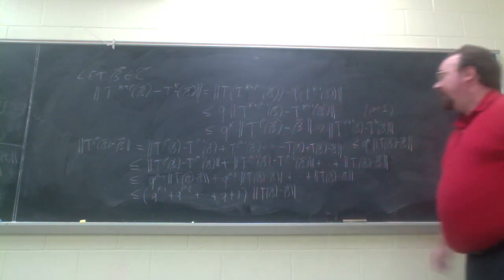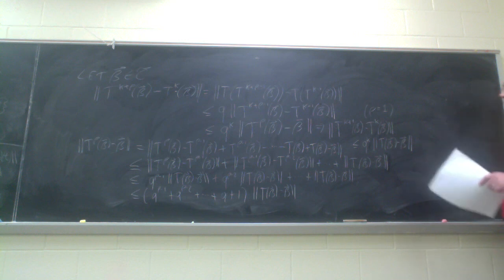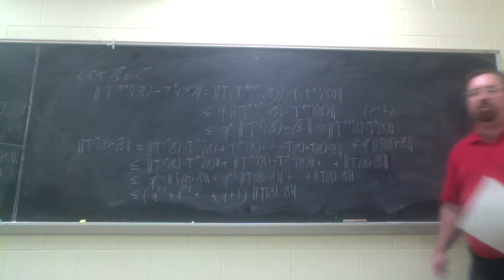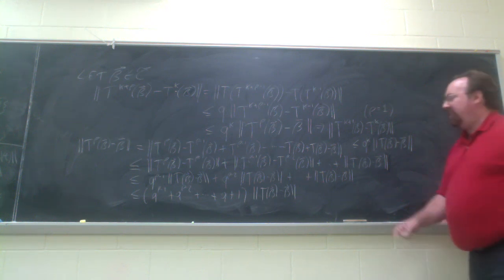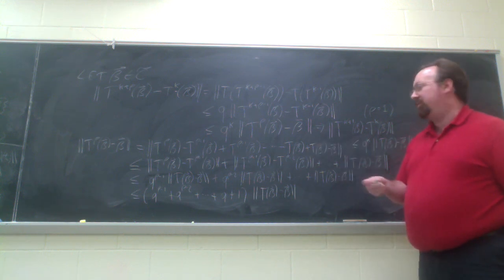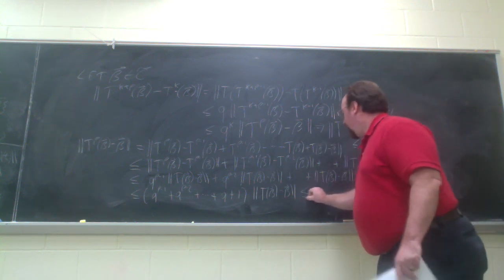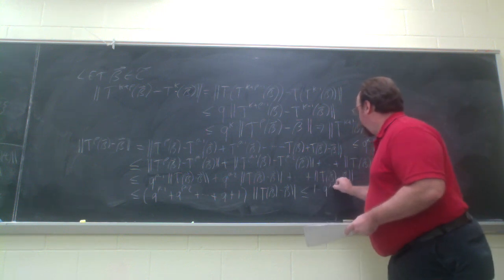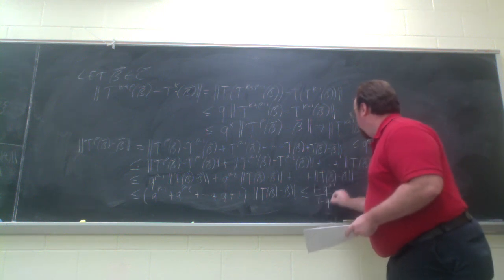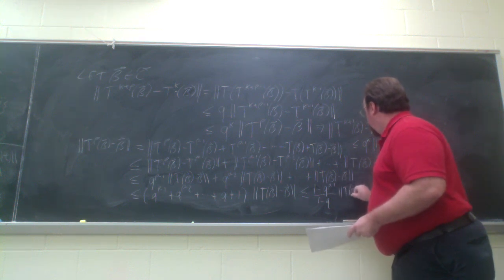All right. Now, this sum of powers of q, what do we call that? It's a series. What kind of series? It's a geometric series. And this is a finite one, so we use a formula for a partial sum. So this is less than or equal to 1 minus q to the p over 1 minus q times t beta minus beta.